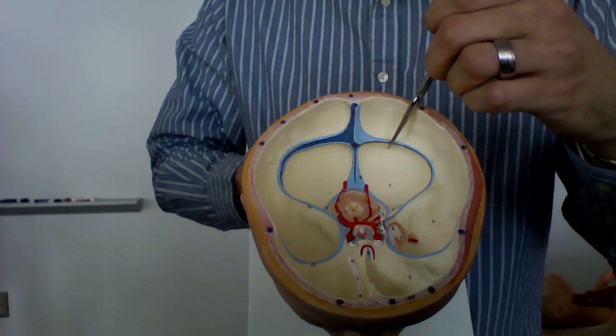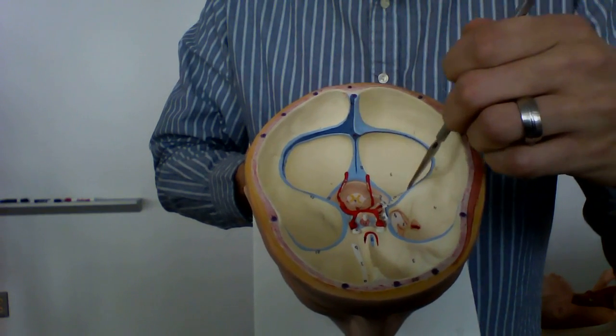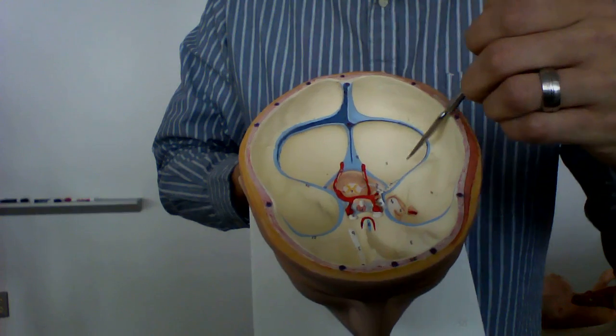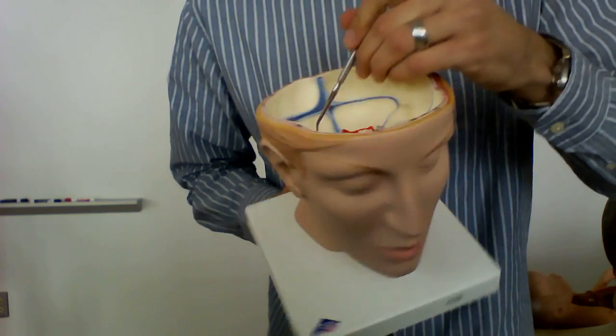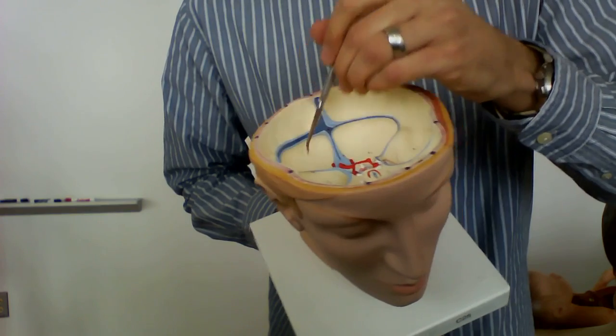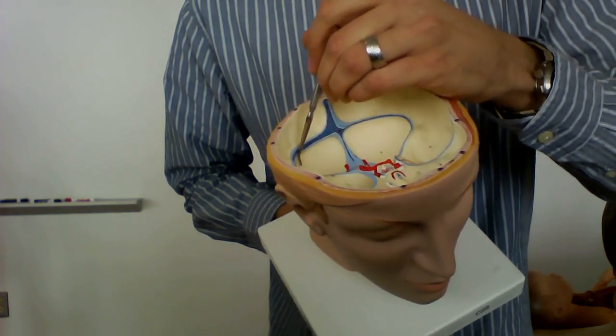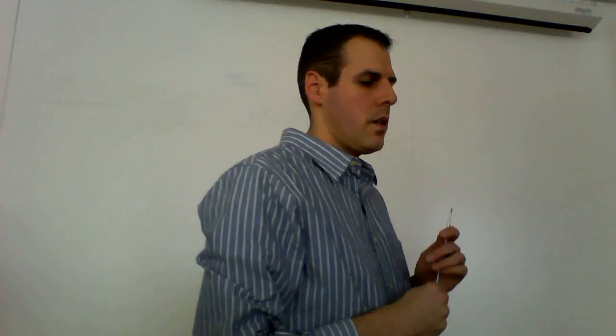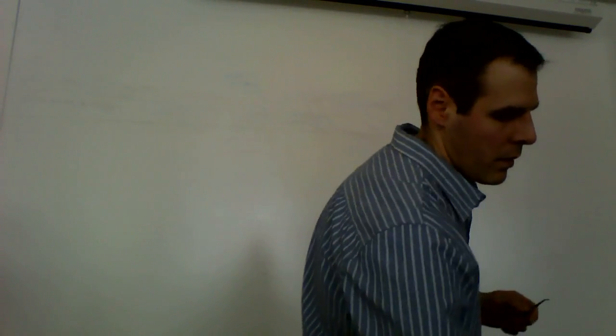And then when it goes over the parietal and temporal, then it's the sigmoid there. So it's transverse, and then it's sigmoid. Down here, occipital here. So we have three sinuses for the venous sinuses.